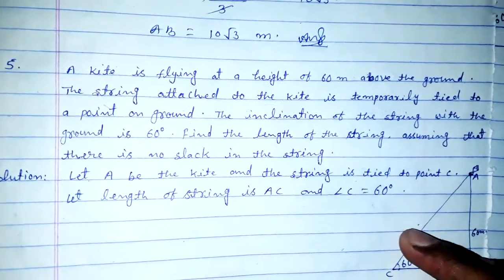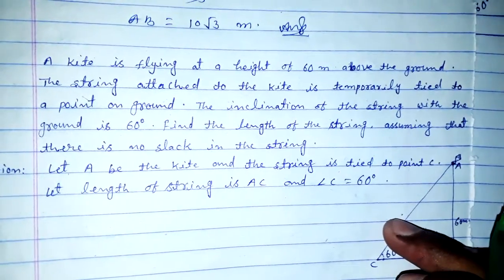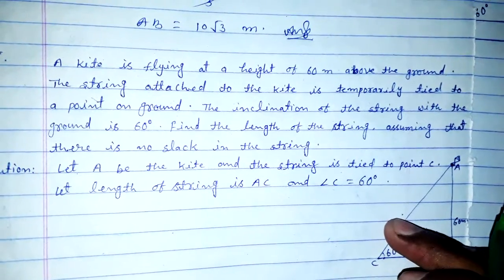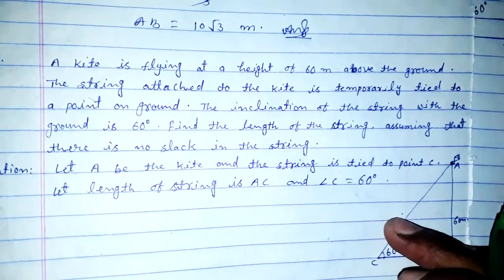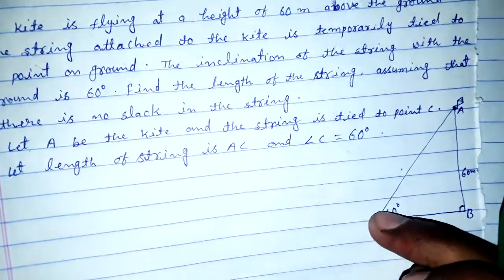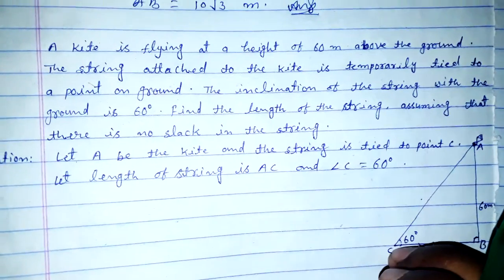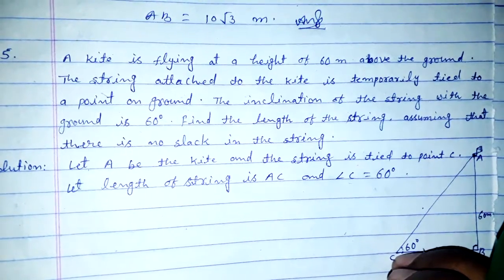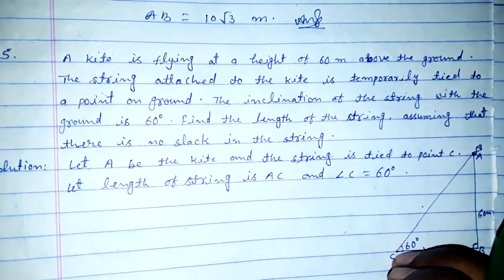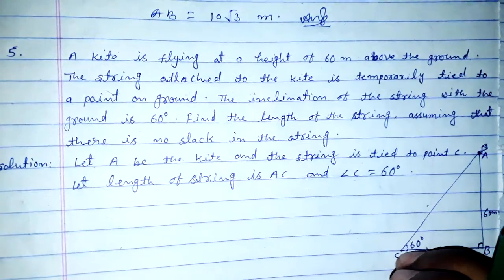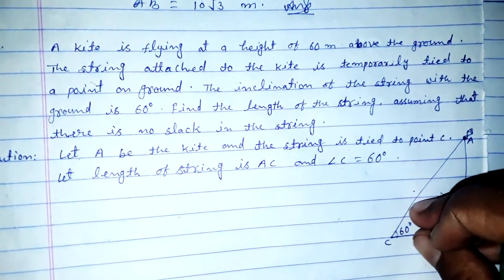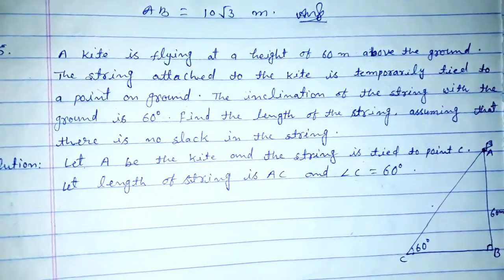The string attached to the kite is tied to a point on the ground. This is the point on the ground, C. Let the inclination of the string with the ground be 60 degree. The angle is 60 degree between these, the inclination.